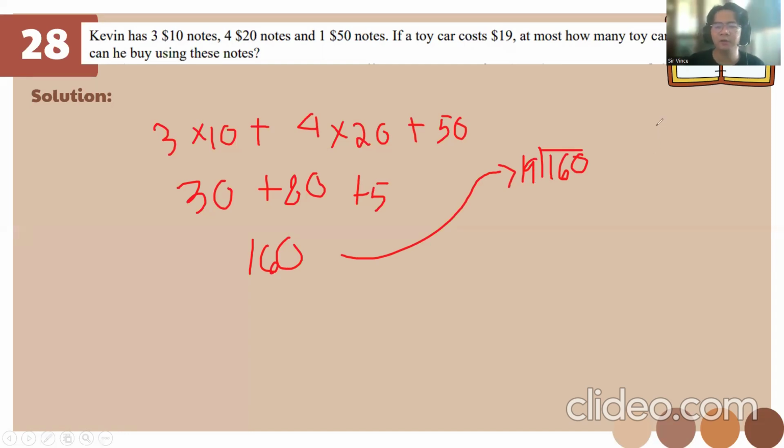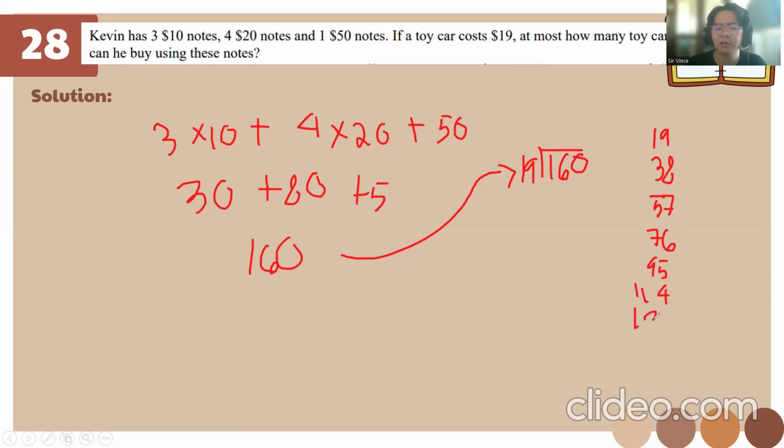Okay? So I'll just show you. 19 plus 19 is 38. Plus 19 is 57. Then 76. Then 95. Then 114.